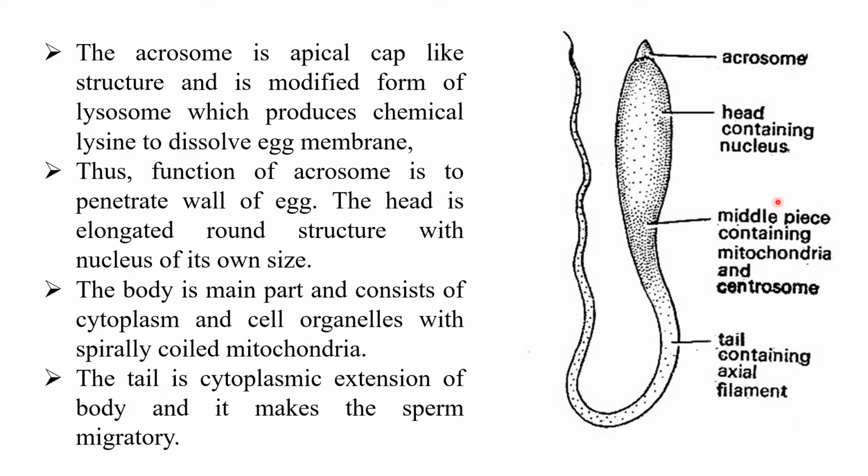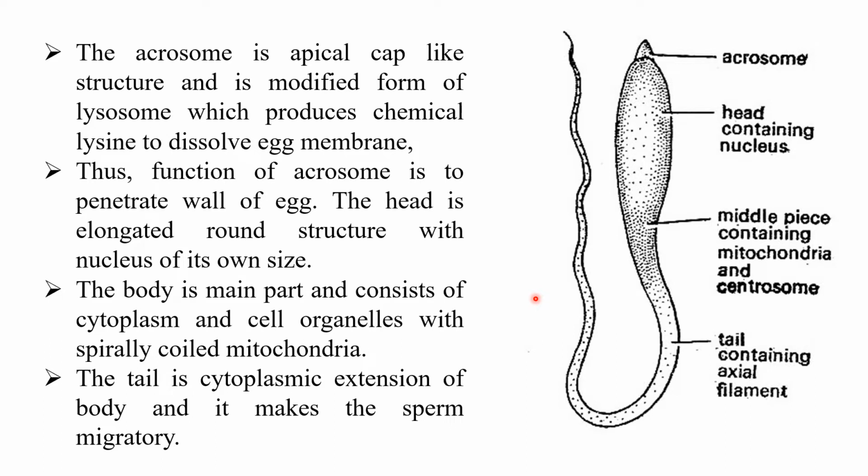The acrosome is an apical cap-like structure and is a modified form of lysosome, which produces a chemical called lysines to dissolve the egg membranes. Thus, the function of acrosome is to penetrate the wall of egg during fertilization.